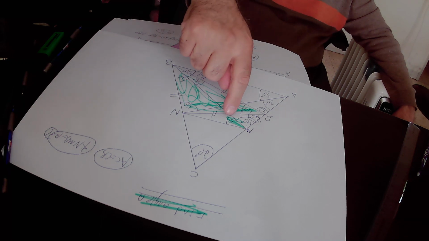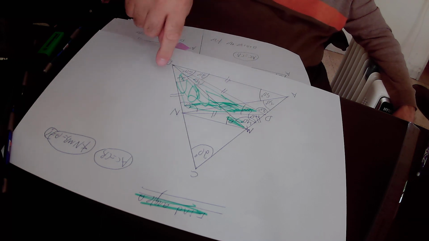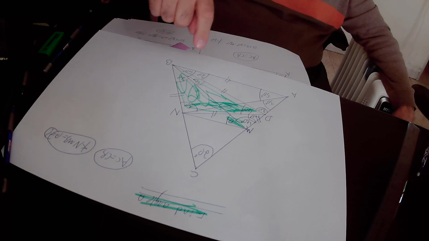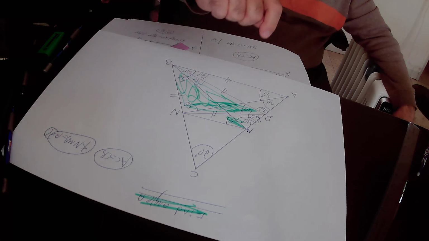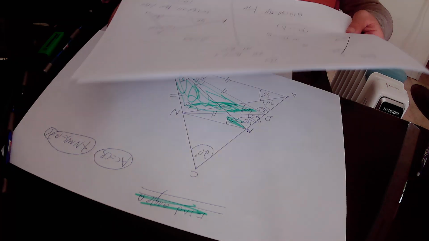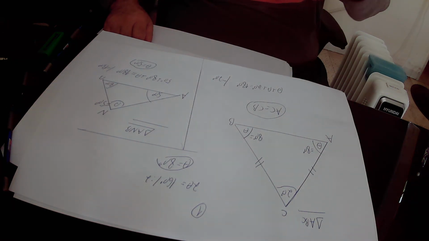Our mission is to find out the value of this angle theta, that is actually angle NMB. Okay. So first of all, we focused on the isosceles triangle ABC.